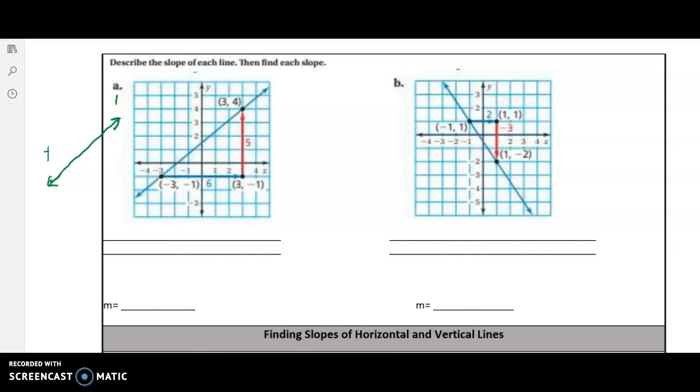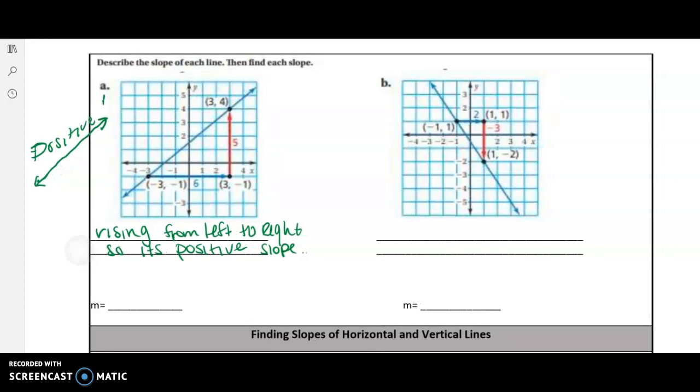So this is a positive slope. That's what's happening here. It's rising from left to right. So it's positive slope.